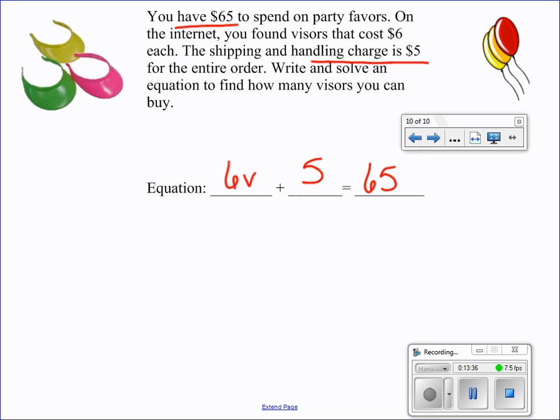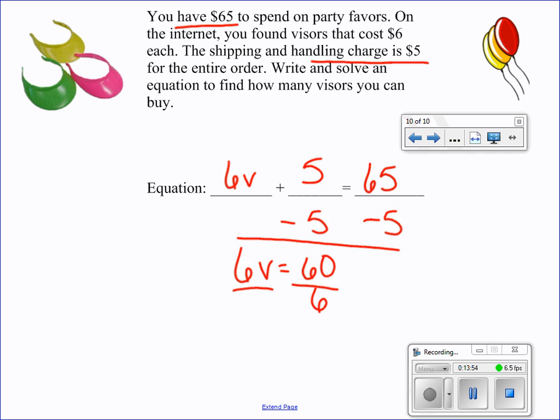So again, now we have 6V, 6 times the visors you can buy, plus $5 shipping and handling, and you don't want to spend any more than $65. So we're going to do our two-step equations. V is equal to 10 visors.